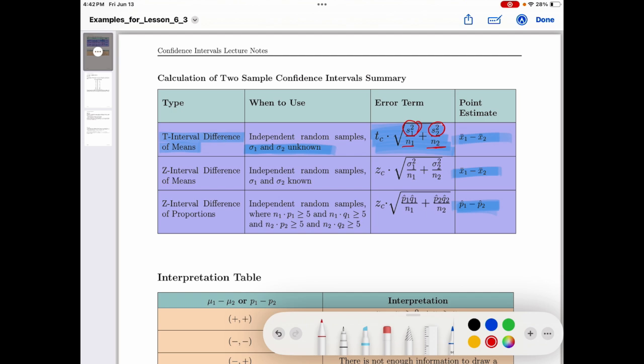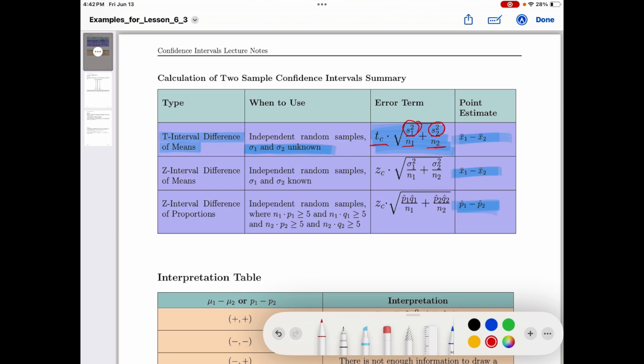And then of course we have our t critical. So we would still use these formulas to calculate the error, and then we would add and subtract from the point estimate so that we can get our confidence interval.